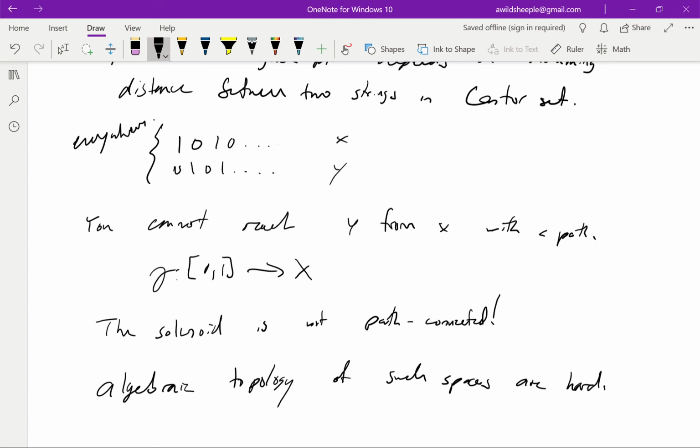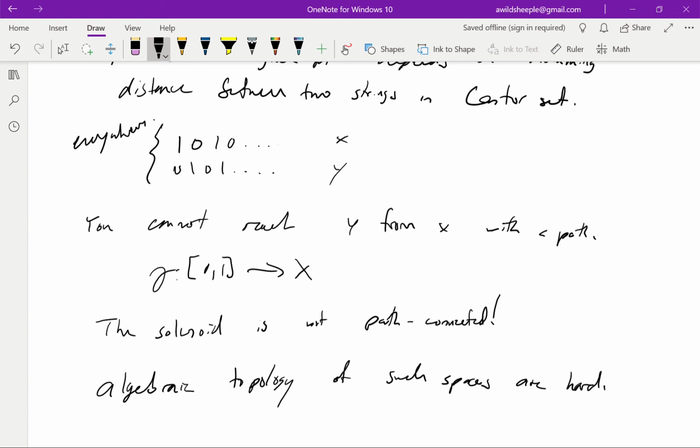But that's hilariously false for things like solenoids. If you're not even path connected, then these spaces are more similar in spirit to things like a topologist's sine curve that are connected but not path connected. And as a result, the different homology theories tell you very different things. All of this is very interesting, but I encourage you to go check that out for yourself, because there's no way that I could meaningfully get into that in just this little video.